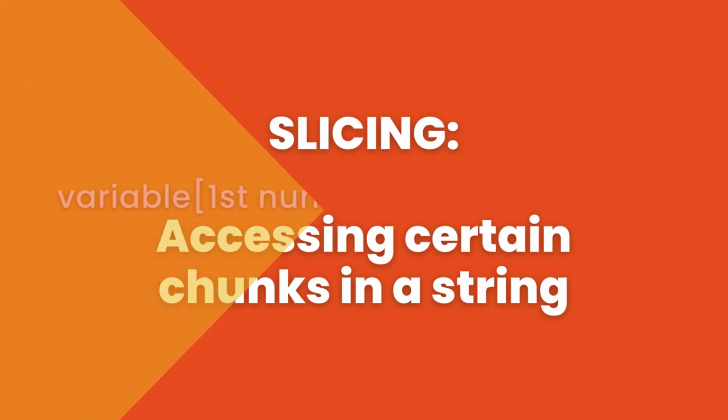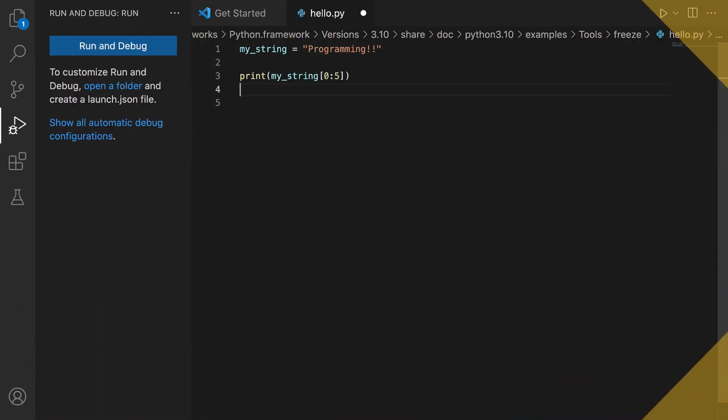When you want to print only a certain chunk of a string, follow the format: variable name, and in square brackets, write the first number, a colon, and then write the second number plus 1. Remember this, the second number in the square brackets should always be the last character you want to print out plus 1, because of what we learned about the computer starting counting characters from 0.